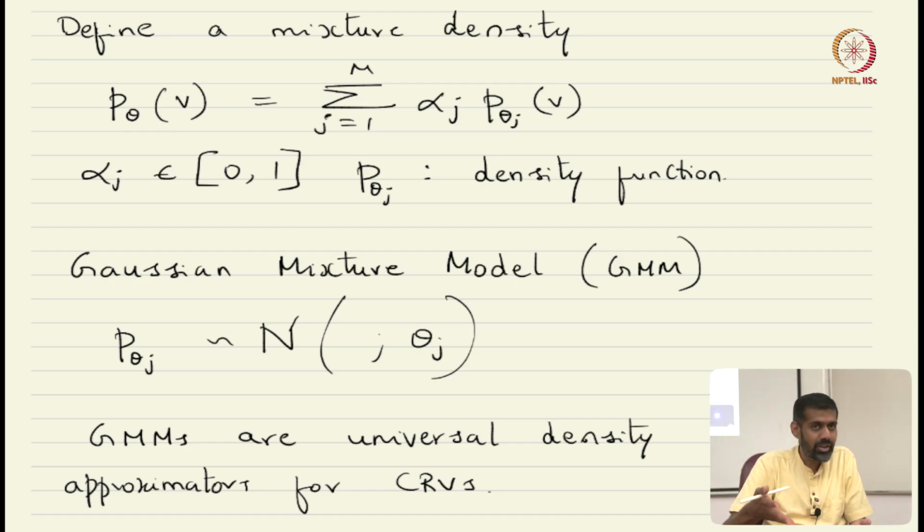Because at least we know that GMMs are universal density approximators, so that we can hope to choose a GMM and get our KL divergence arbitrarily close to lower values. But remember this, there is no way on earth that we actually measure the true KL divergence that we are trying to minimize, because we do not have access to the distribution at all, right.